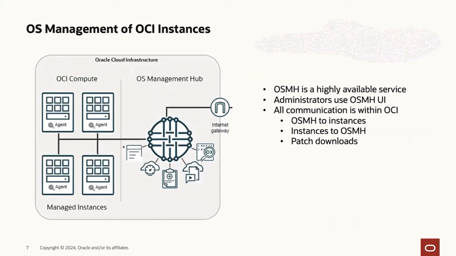The agent differs between OCI and on-premises or third-party cloud. OCI instances use the Oracle Cloud Agent to interact with OS Management Hub. You enable the OS Management Hub plugin for Oracle Cloud Agent to register it with the service.